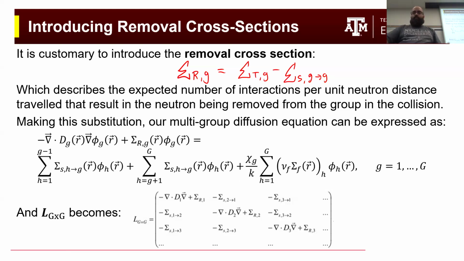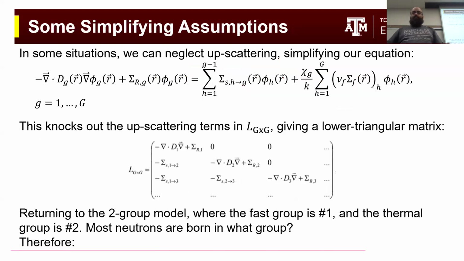From there, I just wanted to mention a couple of simplifying assumptions that we could have for these kinds of problems. If we neglect upscattering, then the term going from higher indexes to lower indexes drops out of the equation.